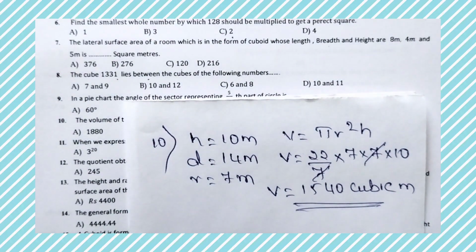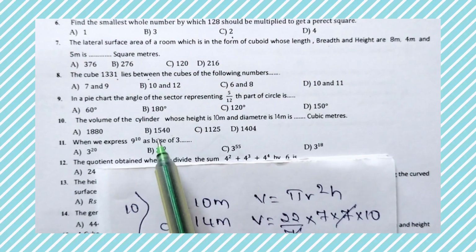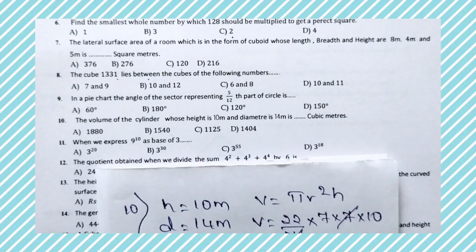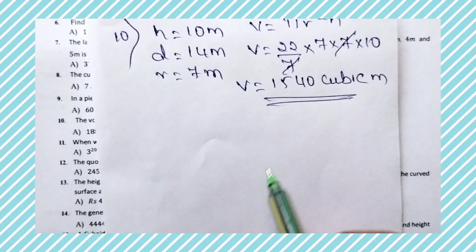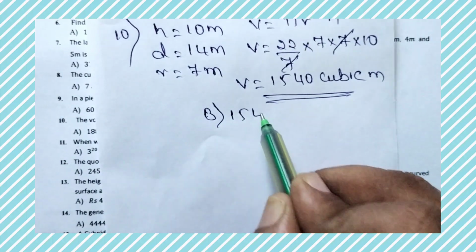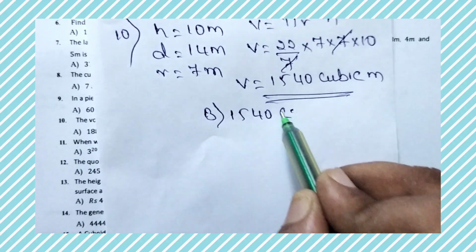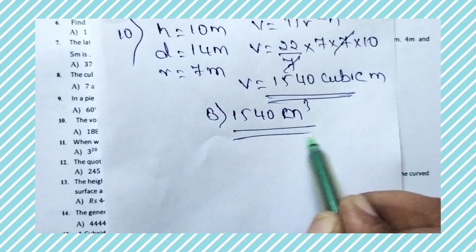So 1540 cubic meter is the volume of the cylinder. So option B is the right answer, 1540 cubic meter.